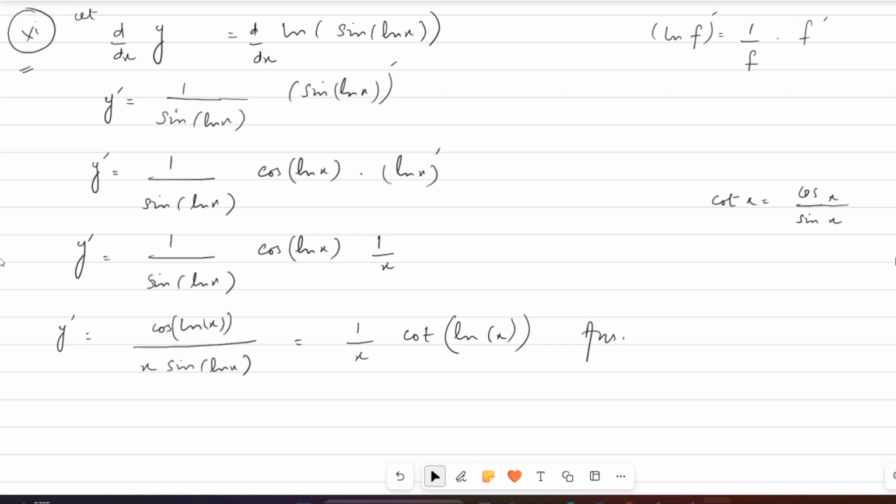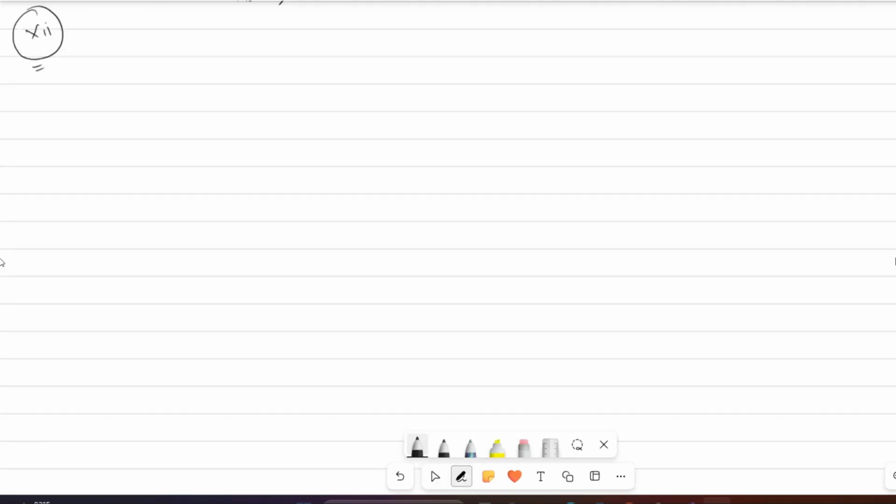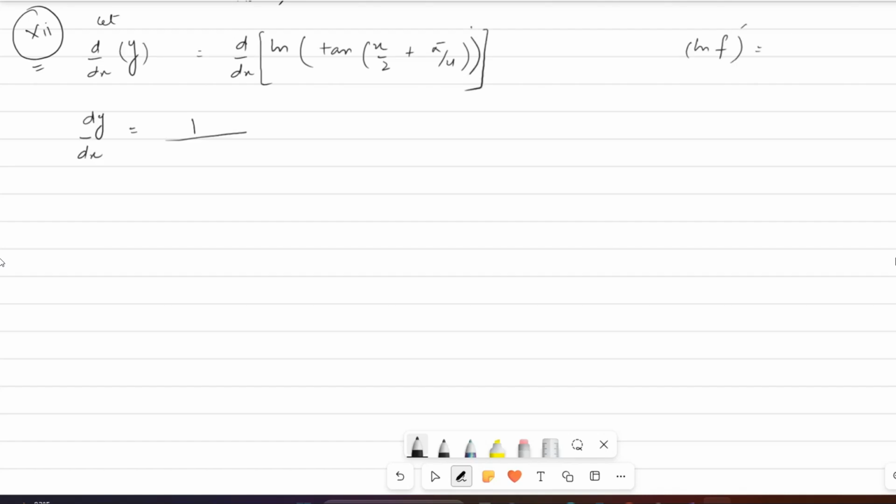Now let's move to its 12th part. In the 12th part, we are having ln tangent x by 2 plus pi by 4. Let this be equal to y, and afterwards taking the derivative on both sides of the equation, dy by dx is equal to 1 upon f and the derivative of this function, tangent x by 2 plus pi by 4.